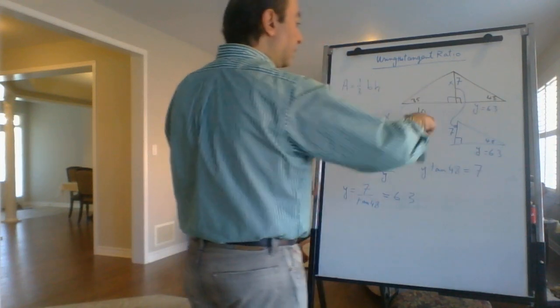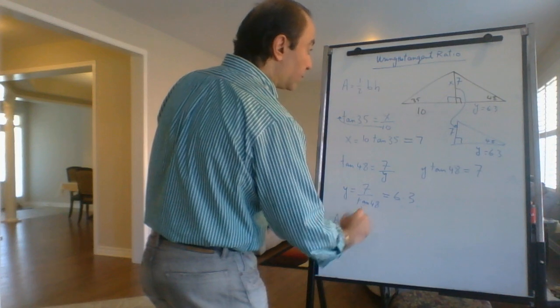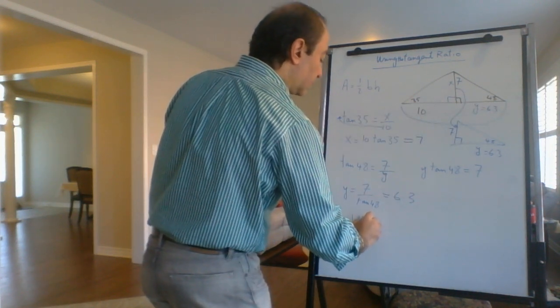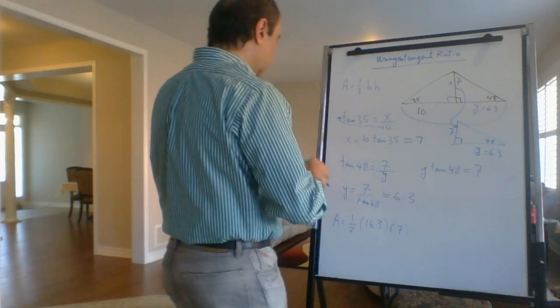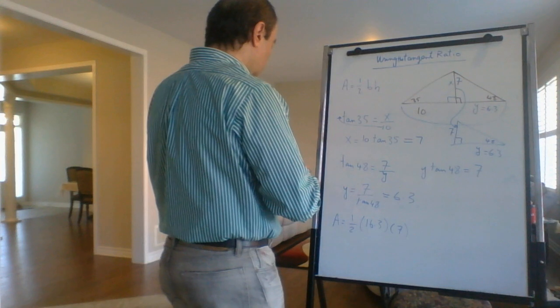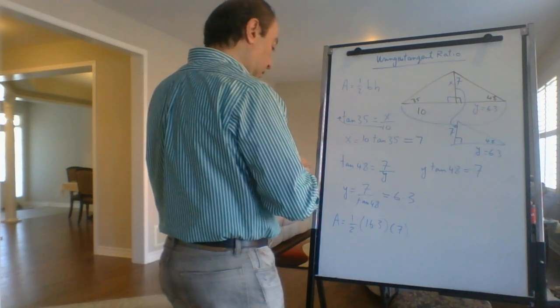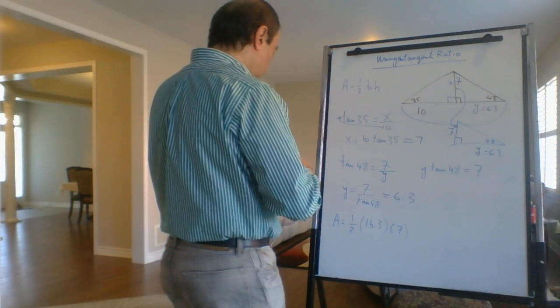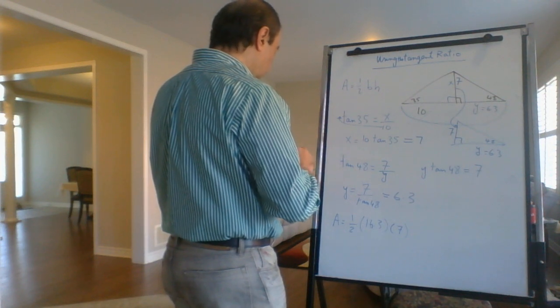Now I can tell that the area will be 1/2 the base, which is from here to here, so 16.3, times the height, which is 7. Okay, so 16.3 times 7 divided by 2 or multiplied by 1/2.